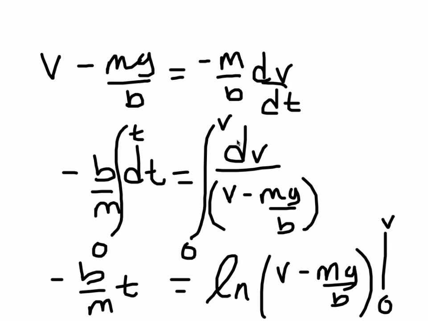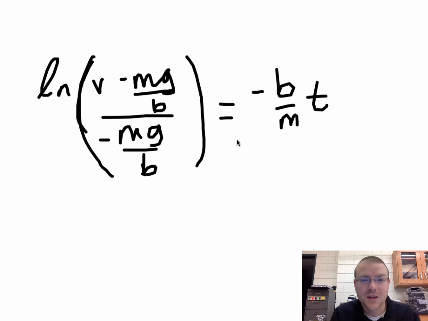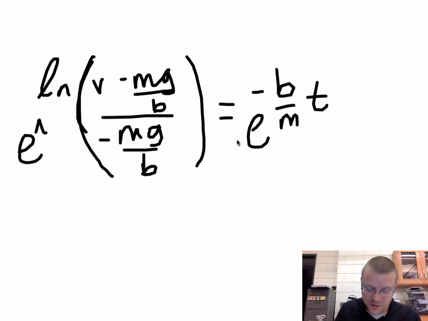What that means is you need to put in velocity for the first natural log and then 0 for the second natural log. Skipping a few steps, this is the natural log you should end up with. If you're having issues with this, please come let me know. I want to get rid of that natural log, so I've got to take e to both sides of my equation.